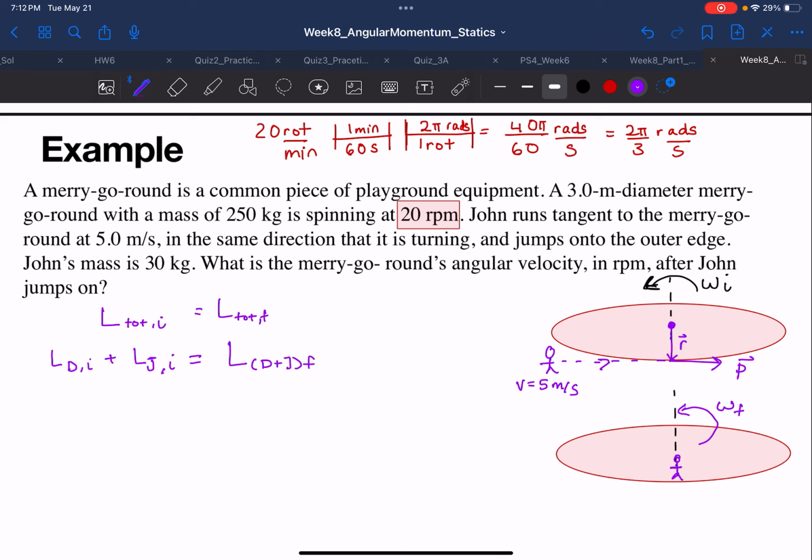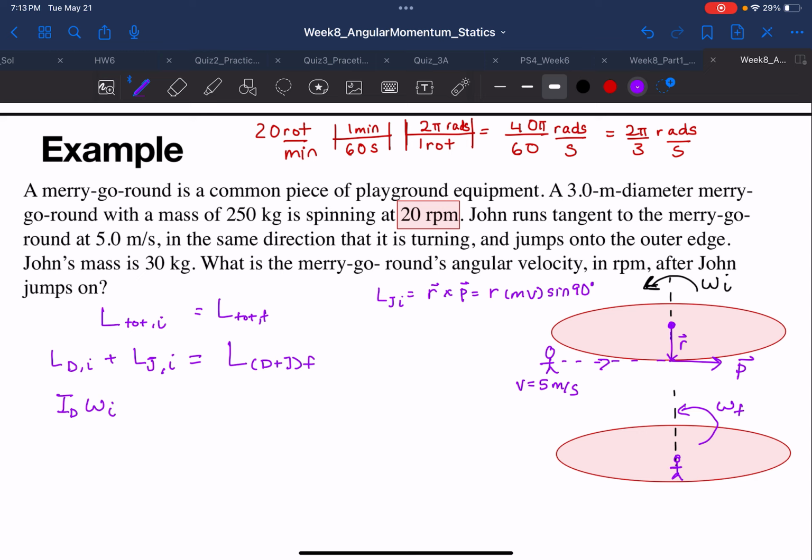L of the disk is moment of inertia of the disk times omega initial. And for L John initial, as we just talked about, we're doing R crossed into P, which is magnitude of R times magnitude of P, which is MV, times sine of 90 degrees.